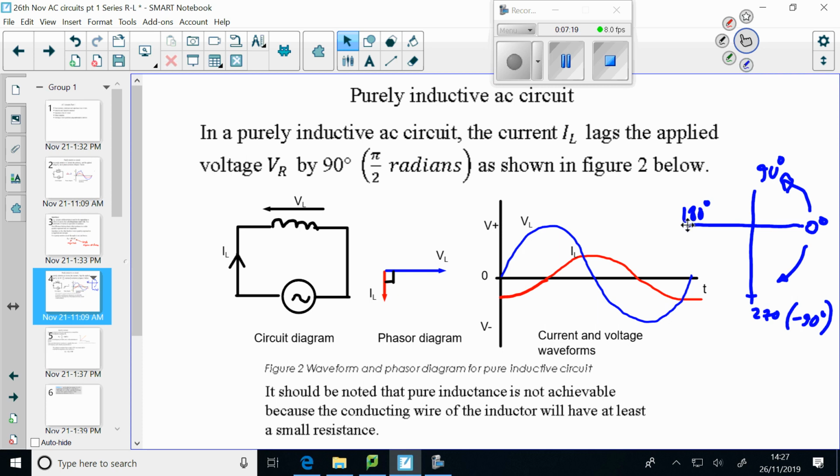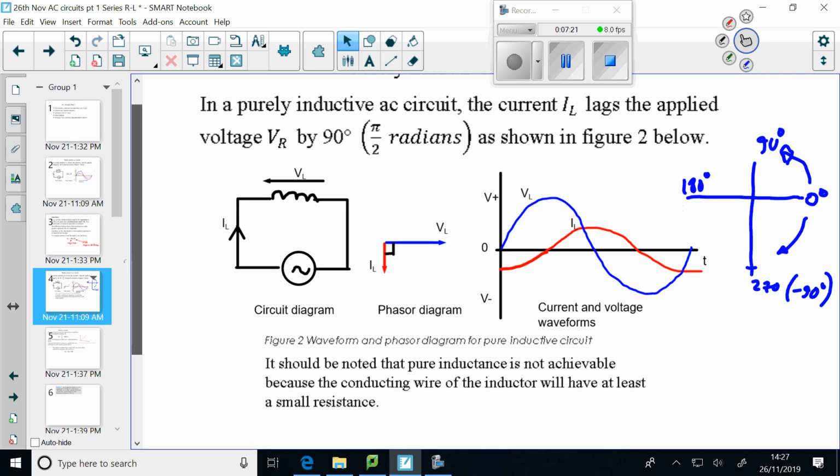One thing should be pointed out, however: pure inductance is not achievable in a real circuit, because the coil that makes up the inductor is a coil of copper or some other wire that has some resistance as well. So you cannot possibly get a real circuit that is inductance only. If you could, that would be how it would behave in an AC circuit.